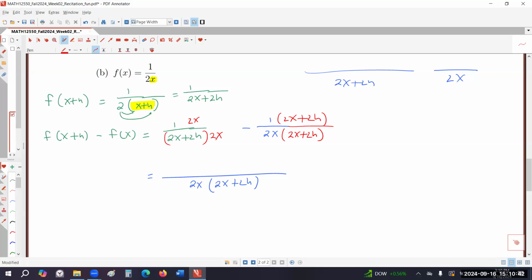So we write the denominator once and we combine our numerators. 2x minus, since we are subtracting the second numerator, so this positive 2h will turn into a negative 2h. So negative 2x, negative 2h.